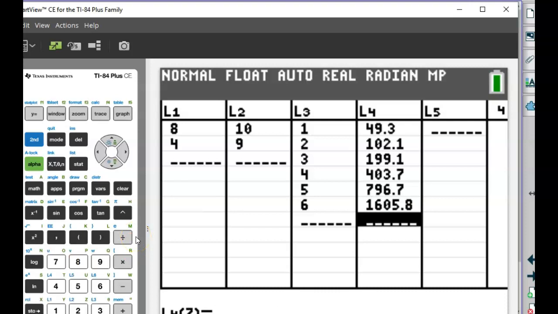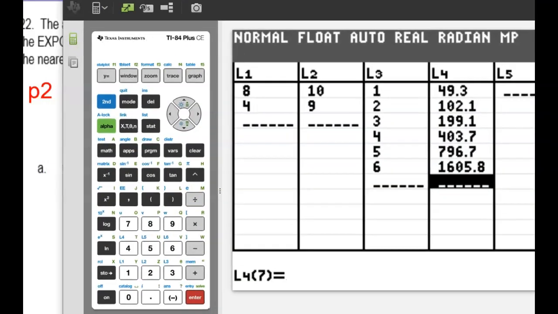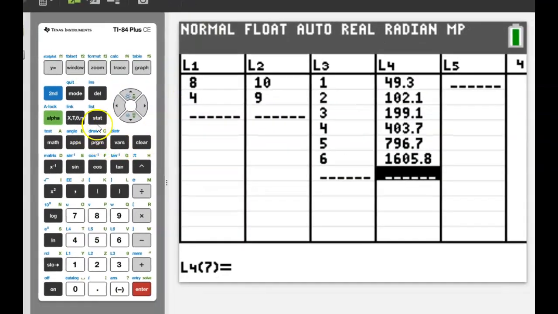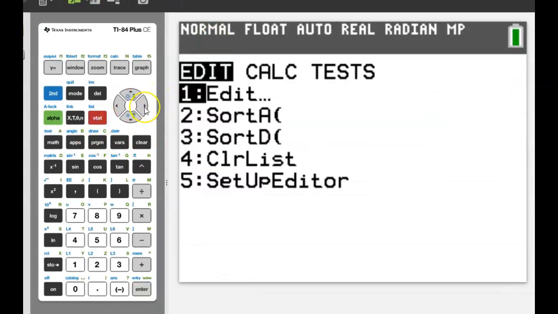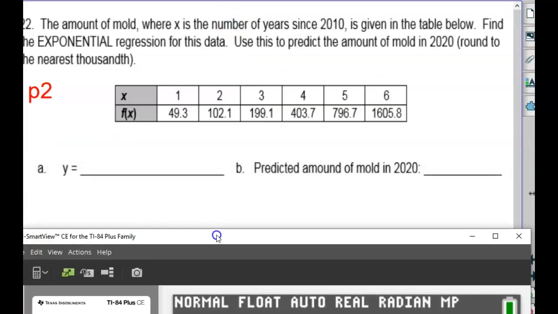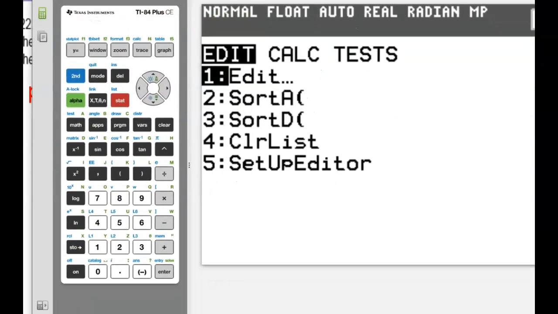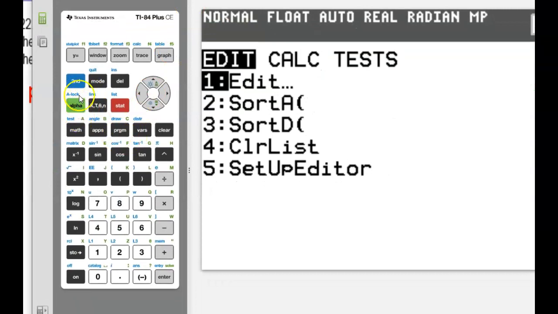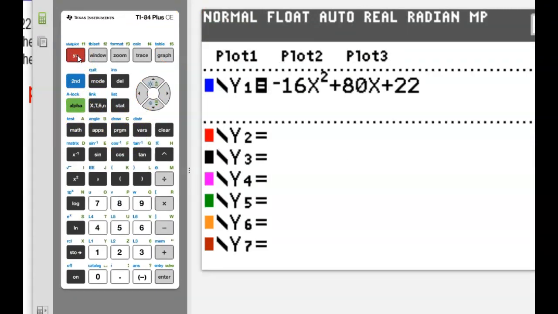Okay, I think I have them right. Then what do I do next? Do we have to draw a sketch or anything? Okay, we don't have to draw a sketch, so it's okay if we don't turn the stat plot on for this one.